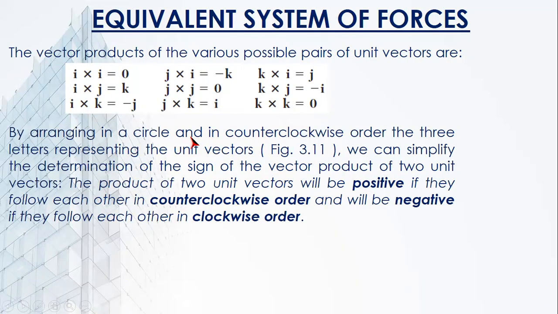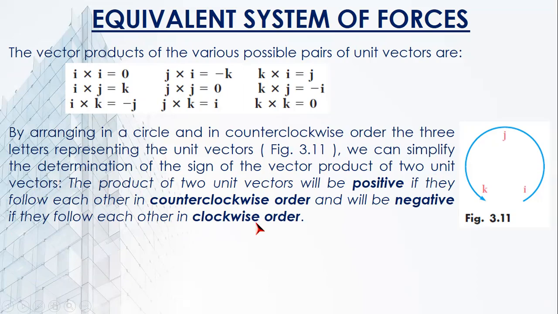By arranging in a circle and in counterclockwise order the three letters representing the unit vectors, figure 3.11, kini, arranging in a circle daw and in a counterclockwise order, I, J, K, we can simplify the determination of the sign of the vector product of two unit vectors.